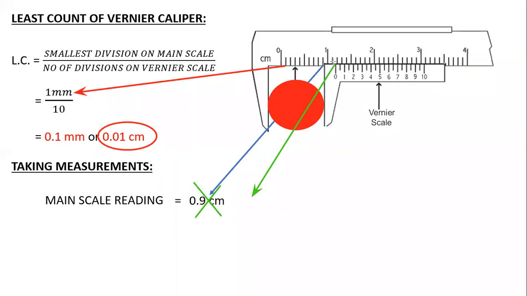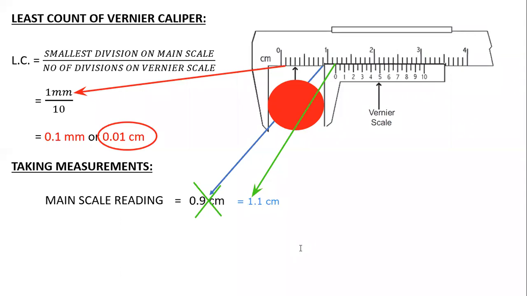So if I see it is lying between 1.1 and 1.2, then whenever you take the main scale value, it is always the lowest value. So the lowest value will be equal to 1.1 centimeter.